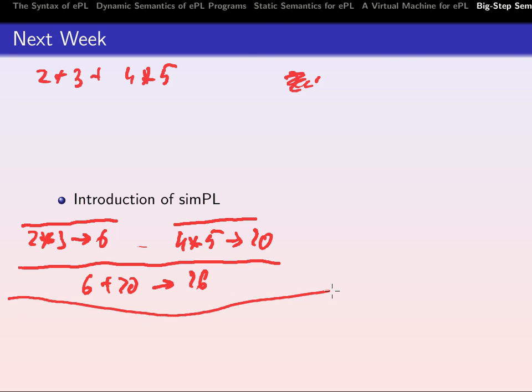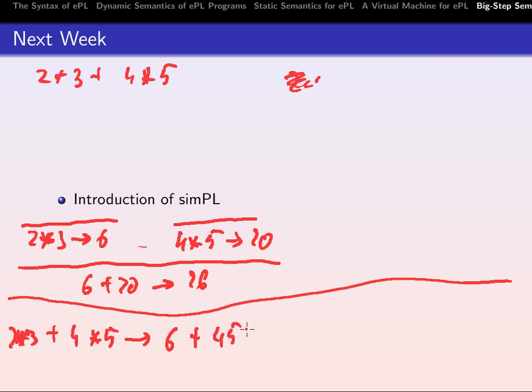So let's draw a line here. I'm going to start with 2 times 3 plus 4 times 5, arrow 6 plus 4 times 5, right? So this is an instance of the rule. I can draw the rule here, 4 times 5, and then there's another arrow, and I can see 6 plus 20, and you can look at this part as being an instance of a rule.